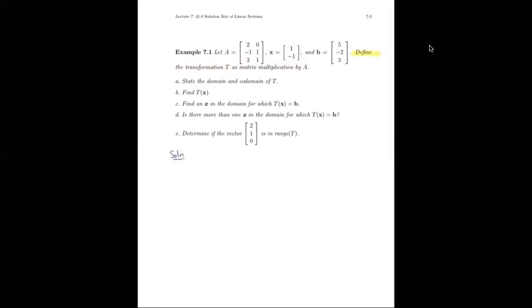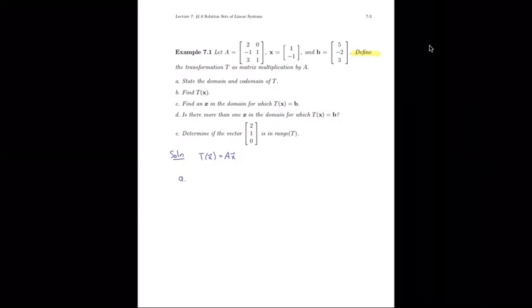T, the transformation of a vector x, is defined as the matrix product of A times x for any given vector x. We are given a specific vector x here, and we're going to do some calculations with that shortly. So first things first, they ask us to state the domain and codomain of T.